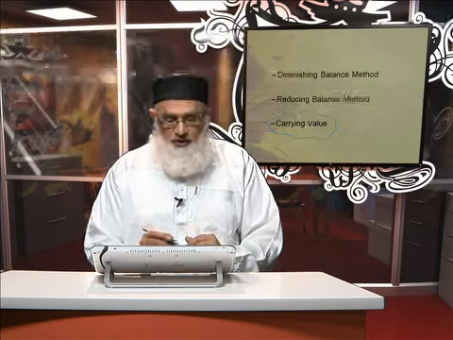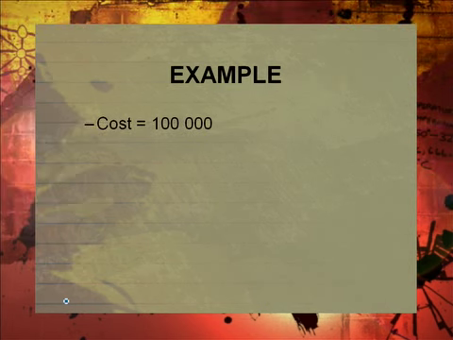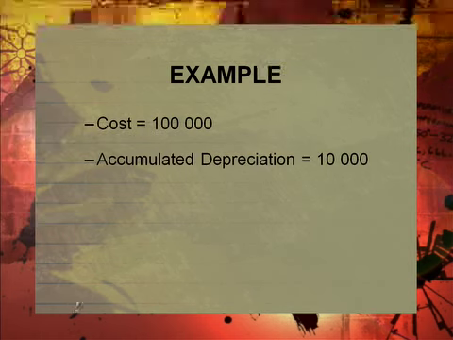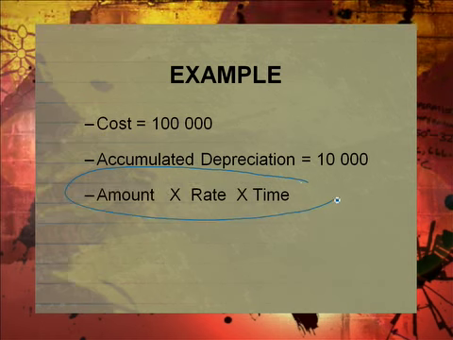Take your cost price of 100,000 and then take your accumulated depreciation of 10,000, which now gives you something different to calculate. Once again, do not forget ART: the amount, the rate, and the time.